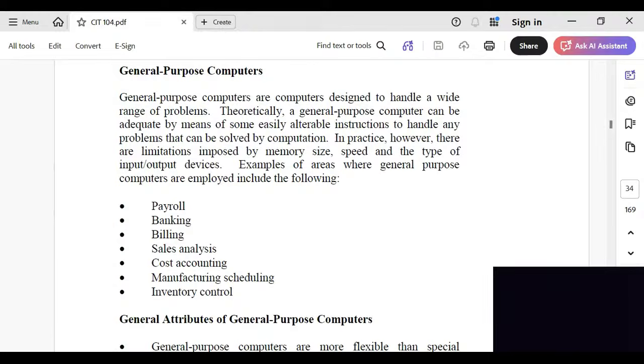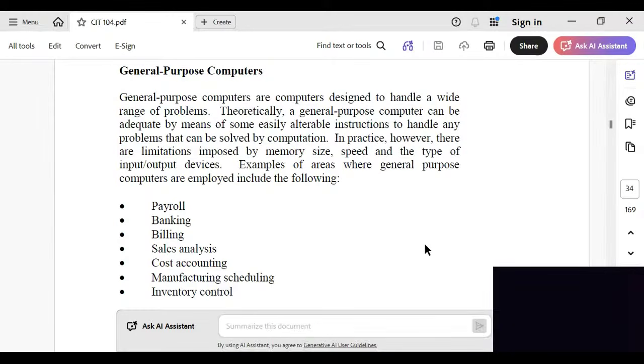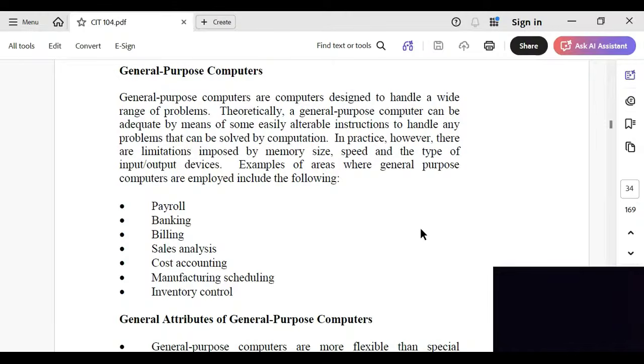We have done a lot of things in this course. We started with the meaning of the computer. We talked about data and information. We talked about the history of the computer: first generation, second generation, third generation, the fourth and fifth generation.